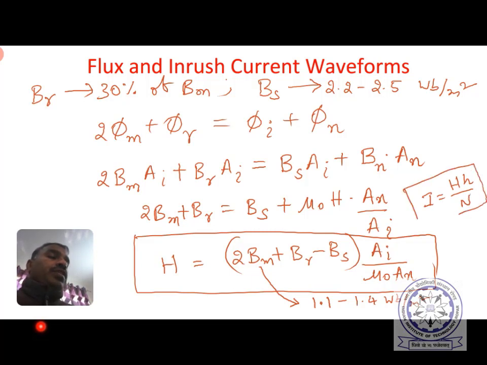This I is the peak value of the inrush current. Here Ai by An and mu naught are approximately given to you in the calculations. Okay, so this is about the inrush current phenomenon in a transformer. If you have any questions, we will meet in the meeting.